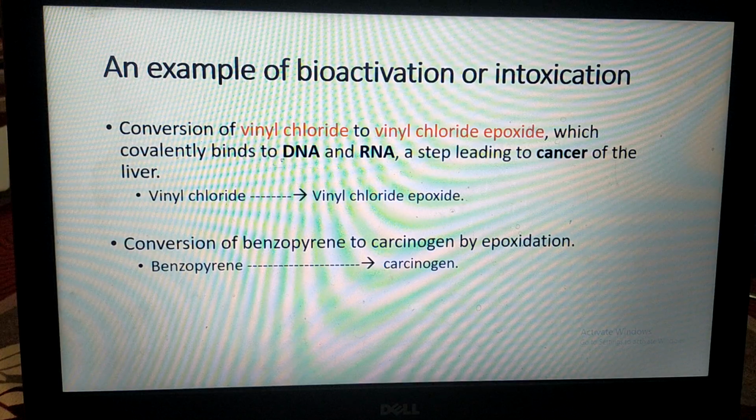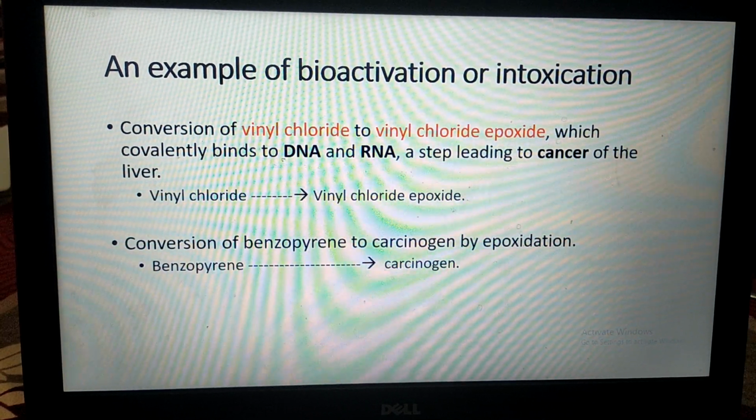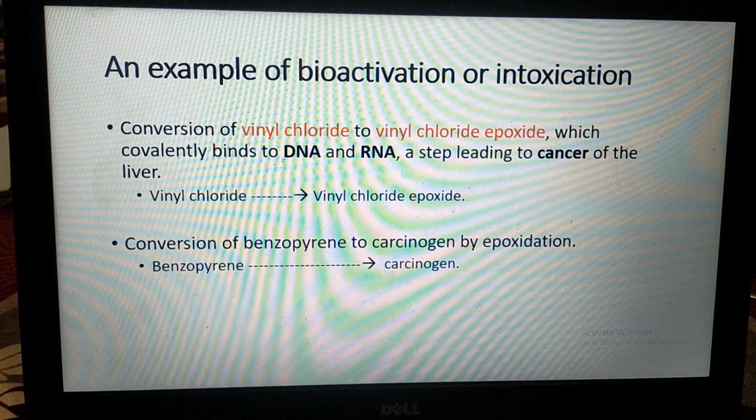Now this vinyl chloride by biotransformation gets converted into vinyl chloride epoxide in our body. Now this vinyl chloride epoxide is not only hydrophobic, but it covalently bonds with DNA and RNA and causes mutation in DNA, which leads to cancer.